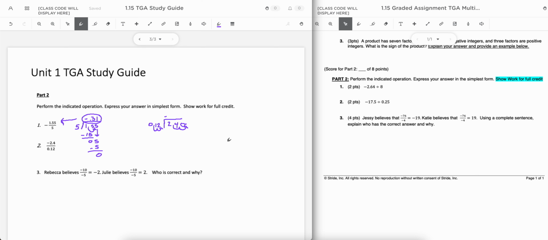Okay. So I'm going to rewrite this over here just so it looks a little cleaner. We now have 12 on the outside divided by 240. And you can put your decimals if you want to. You don't have to. Keep your negative sign. Okay? And 12 goes into 240 20 times.